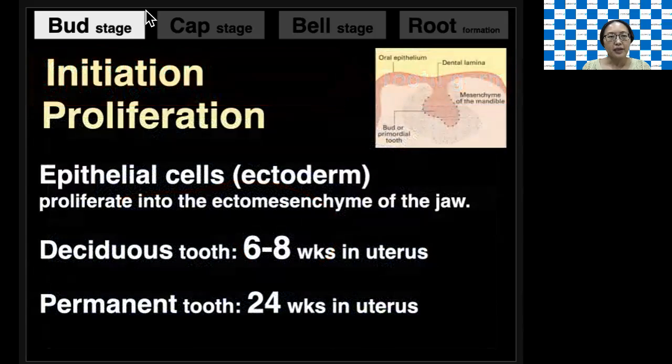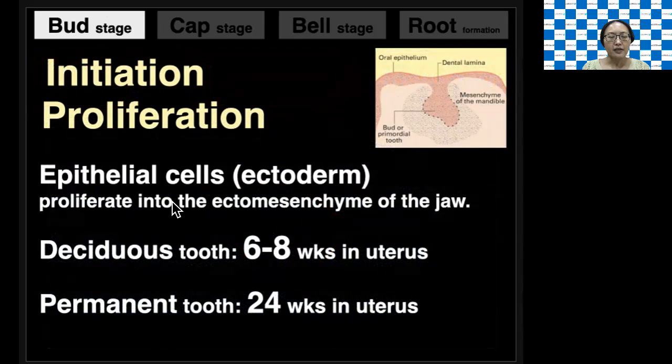So let's summarize the bud stage. The two processes in the bud stage are initiation and proliferation. It started from the epithelial cells, from the ectoderm, and the epithelial cells proliferate into the ectomesenchyme of the jaw.